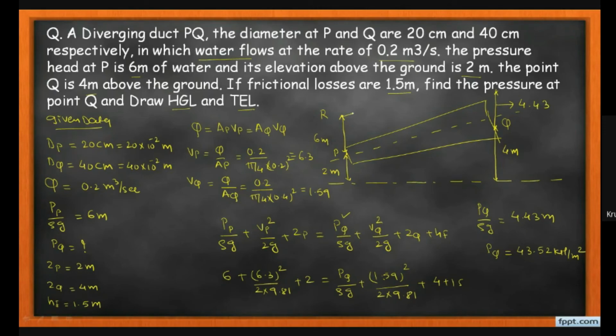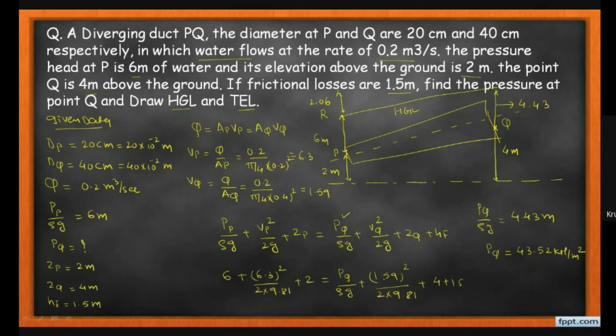So this is our hydraulic gradient line, and after that we need to calculate the velocity heads by using v square by 2g. The value for P is 6.3 square divided by 2g, which we get, that is 2.06. So the total height becomes 10.06.